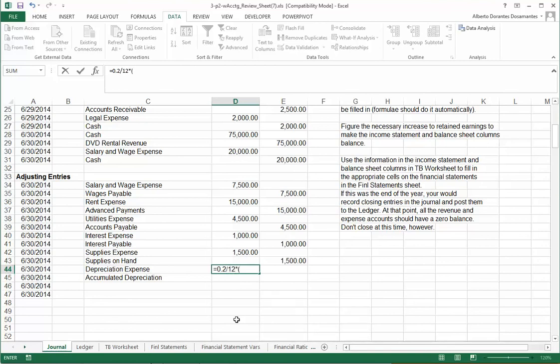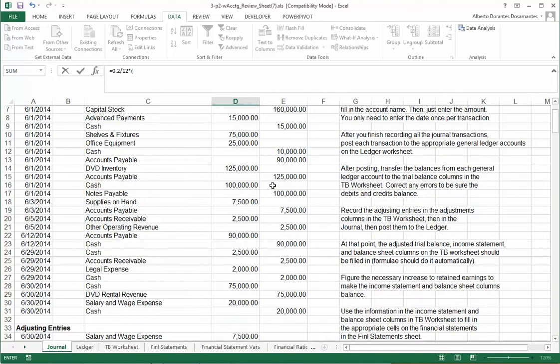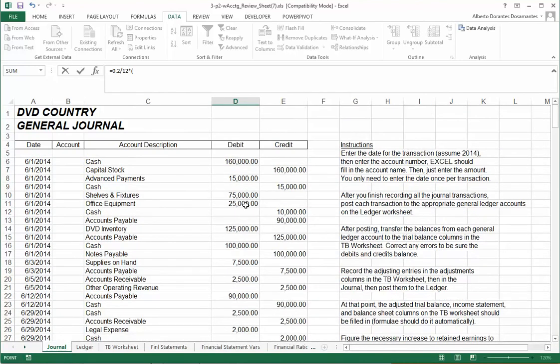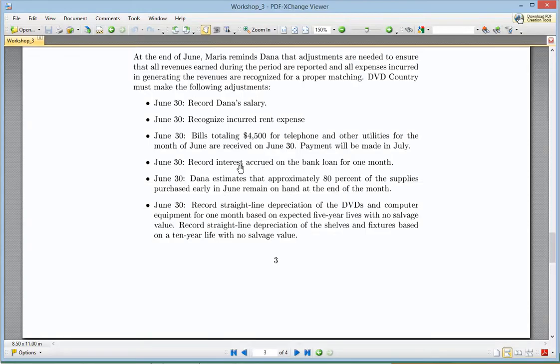Now we put the amount of the computer equipment, that is this one, and also the value of the DVD inventory. Okay. Am I right? It says yes, the DVD and the computer equipment.